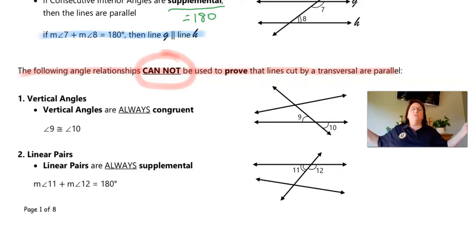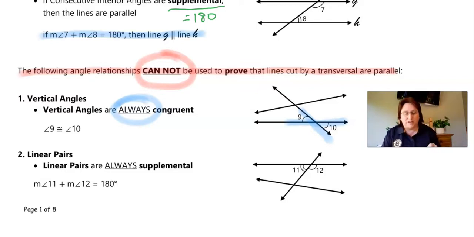You cannot use that vertical angles are congruent to say your lines are parallel. Vertical angles are always congruent, no matter what. Remember, vertical angles are created by intersecting lines. You don't even have to have parallel lines, or another line on that transversal. All you have to have is an X.